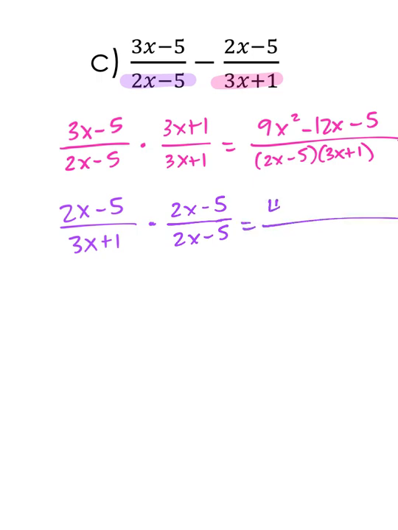So I'm going to get 4x squared plus 20x, nope, sorry, minus 20x, plus 25 over the common denominator.